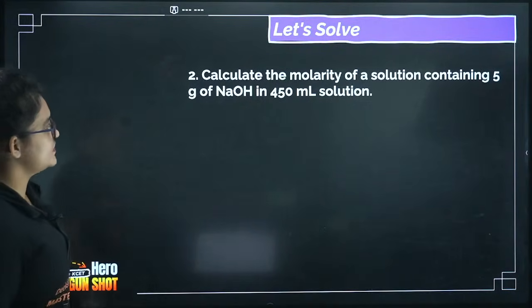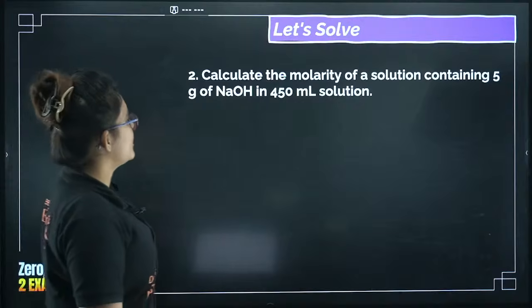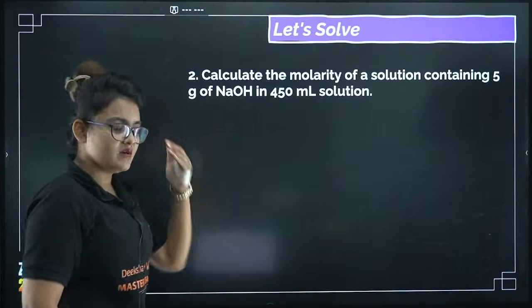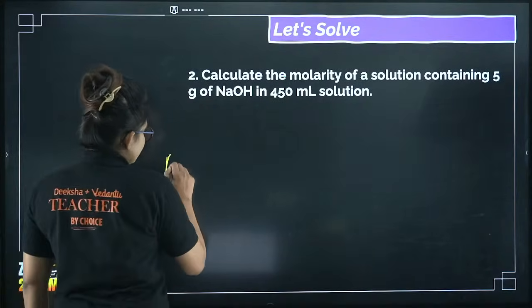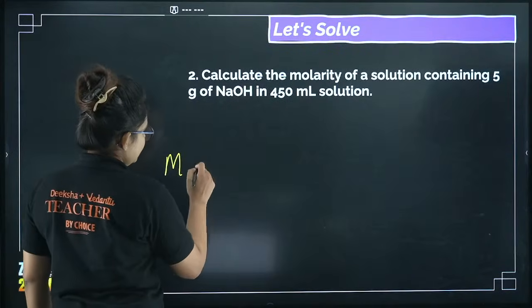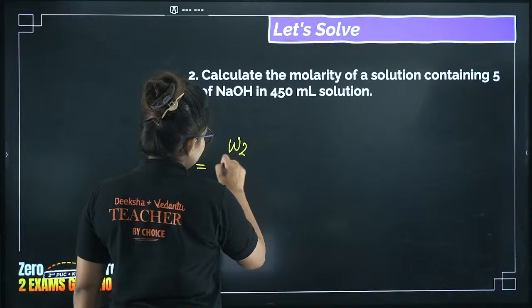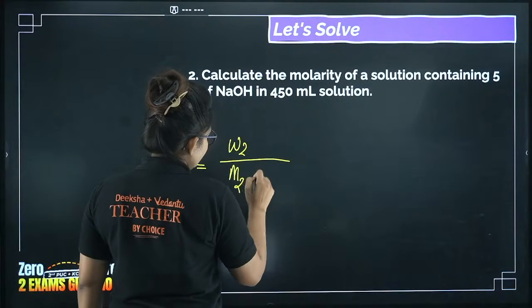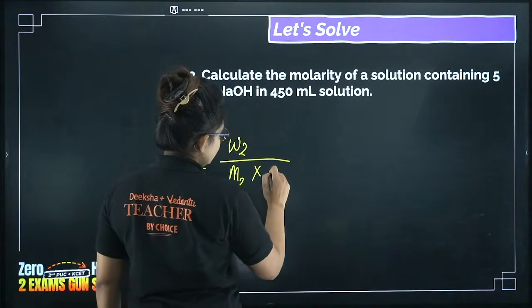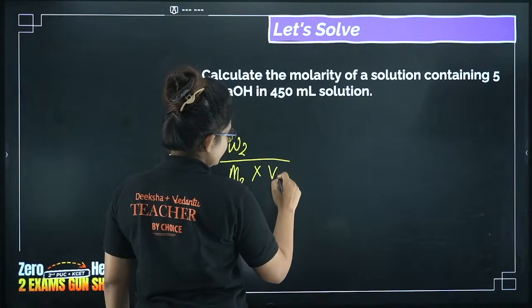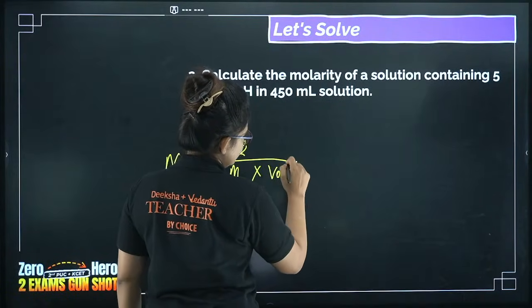Calculate the molarity of a solution containing 5 gram of NaOH in 450 ml. Okay, so you can directly apply the formula of the molarity. So molarity can be written as W2 by M2 into volume of solution.